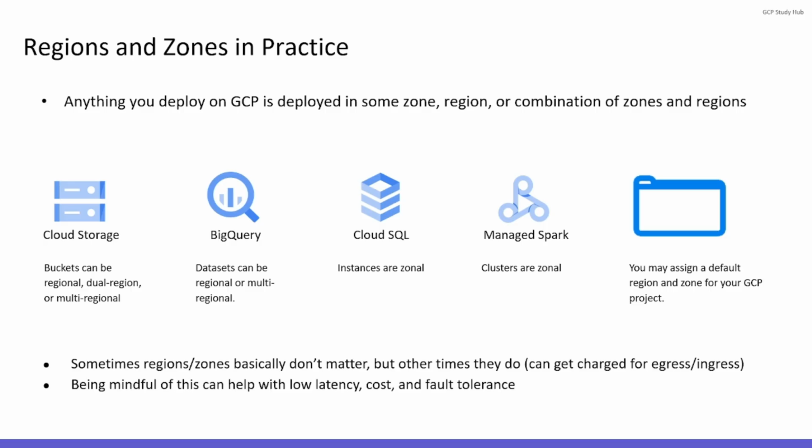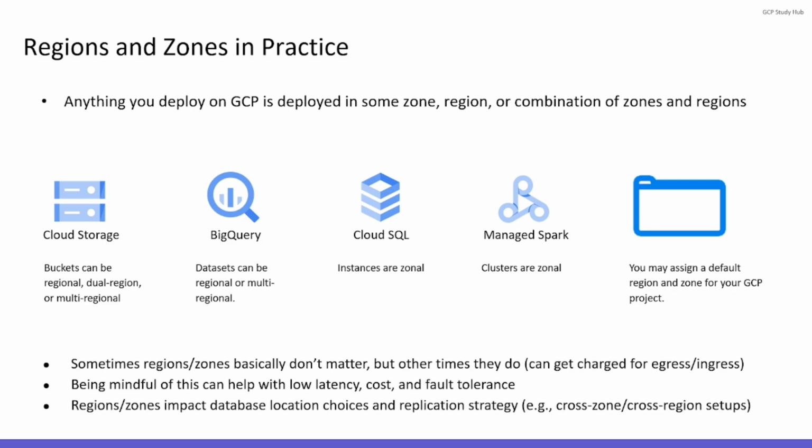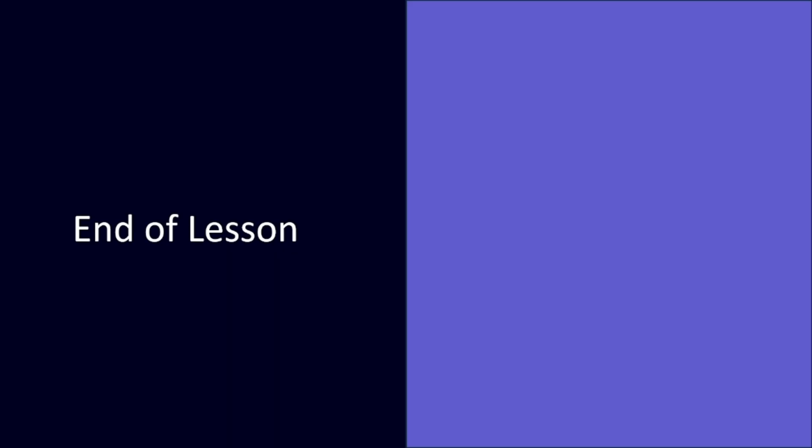Being mindful of this will help you maintain low latency, manage costs effectively, and ensure that your systems are fault tolerant. For this certification, one example where regions and zones are relevant is when deciding database location and replication strategy, such as cross-zone or cross-region setups. And that's it for this lesson.